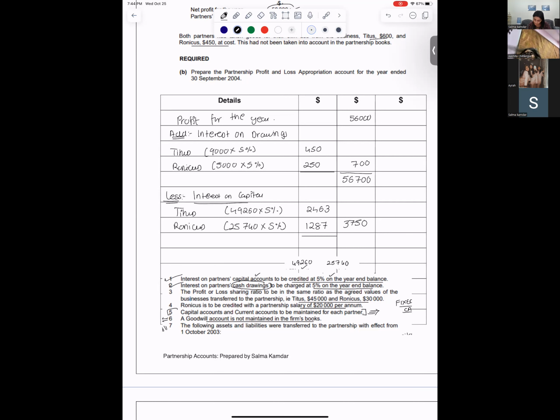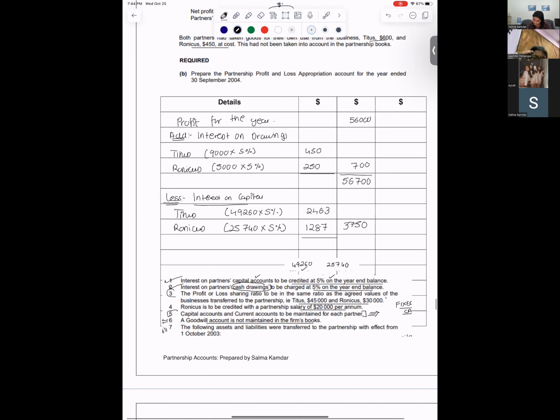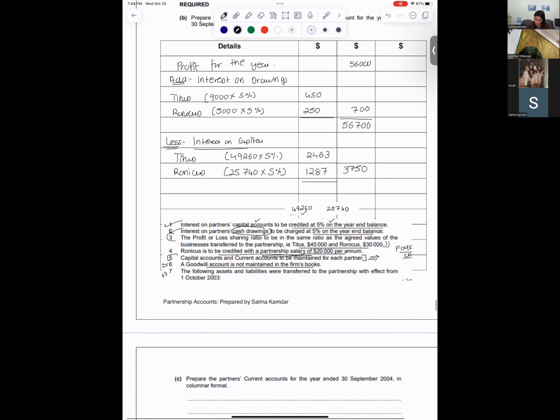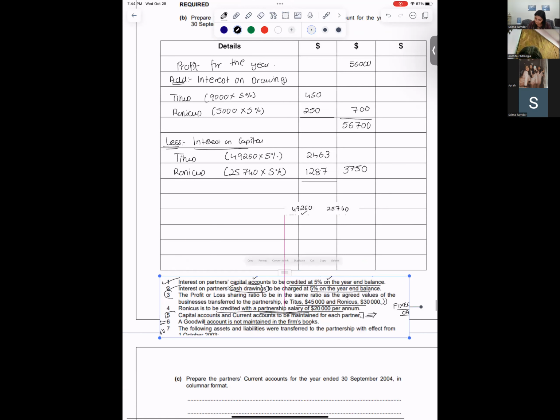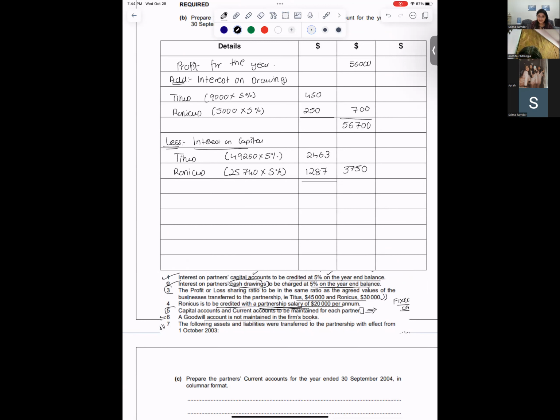Then this is the profit sharing ratio. But miss, salary is also there. Yes, the salary is 20,000 per annum for whom? Ronicus. So what will I write? Salary to Ronicus. So this is subtracted.